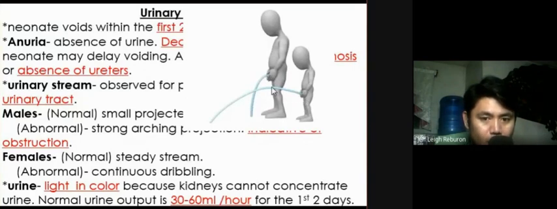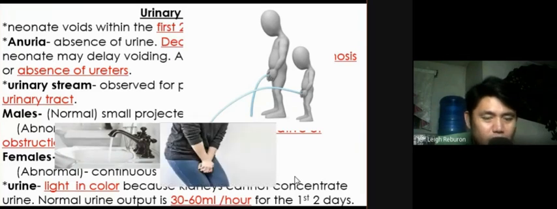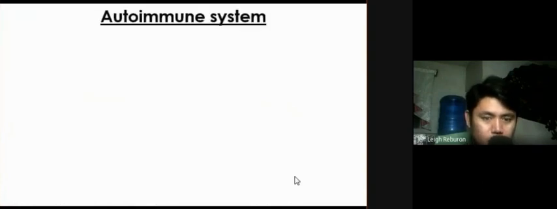Pero pag ganito po kalaki yung urinary stream mo, that means a strong arching projection and that may mean that there is a presence of obstruction. Ito naman po pag steady stream, naka-open siya. Pero pag continuous dribbling, tuloy-tuloy ang patak. So that's the normal and abnormal urinary stream for both male and female patients.